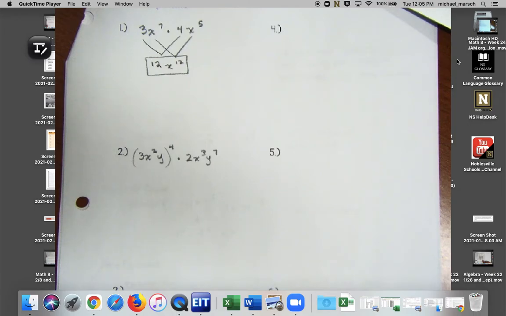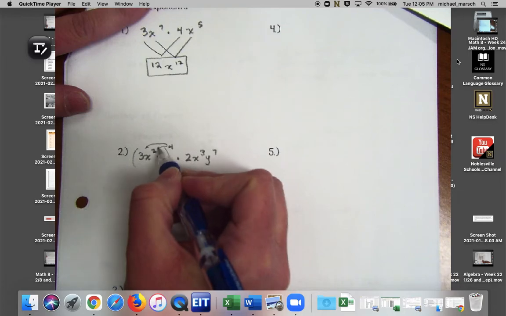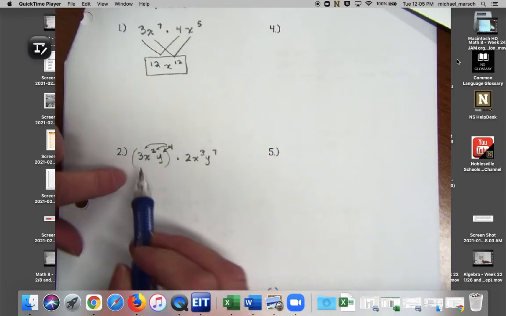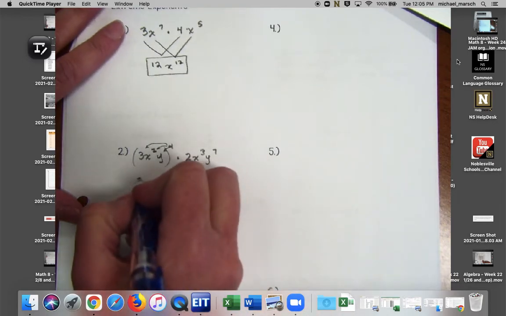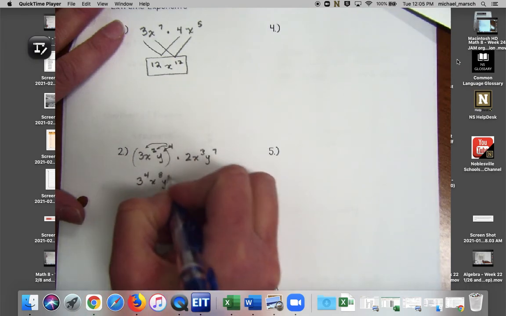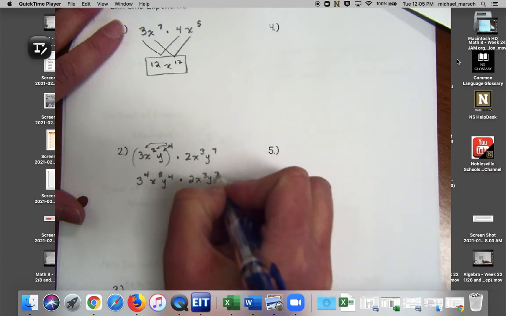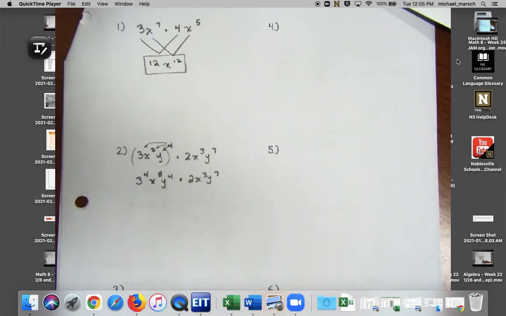Oh, what should I do first, Ava? Distribute. Yeah, I'm going to distribute this 4 to all of these values inside here. So I'm going to get 3 to the 4th, x to the 8th, y to the 4th, times 2x to the 3rd, y to the 7th. I can't do anything with that yet.